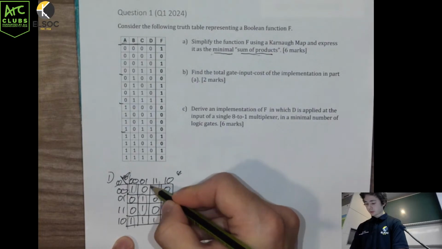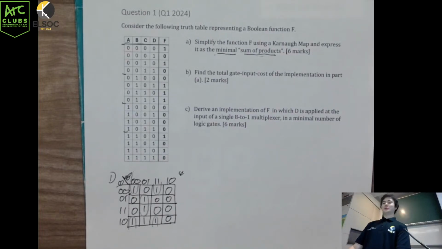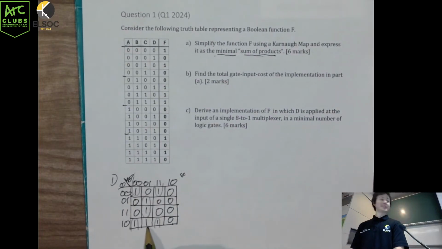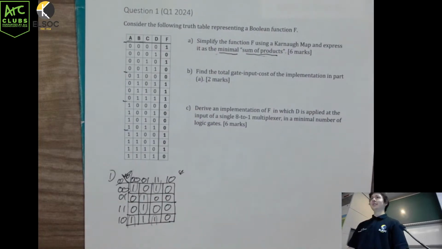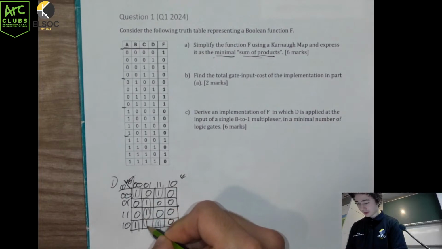Likewise, I'm going to group this one, and now I have a choice. I have a choice of how I'm going to pick this last bit. Now, is there a best way? No. There are 3 ways I can do it, and it really doesn't matter all that much. So I'm going to pick this group.